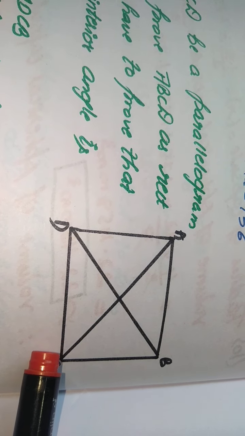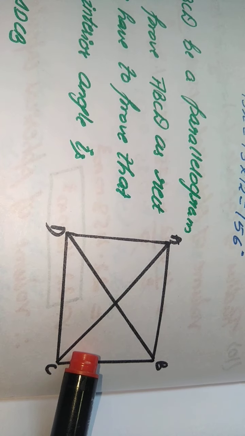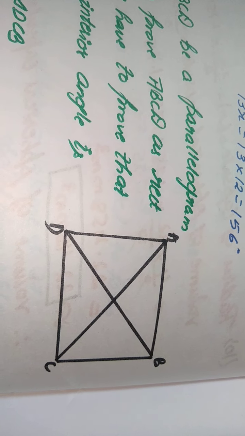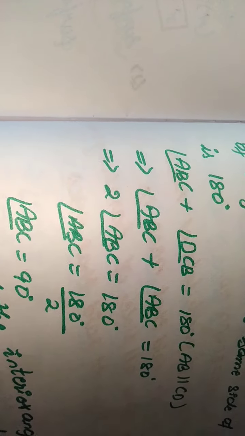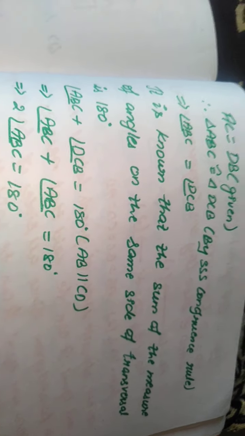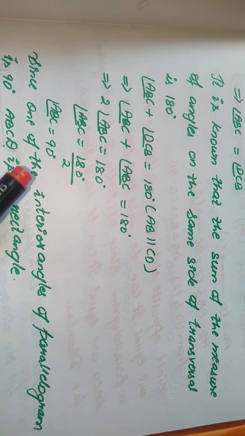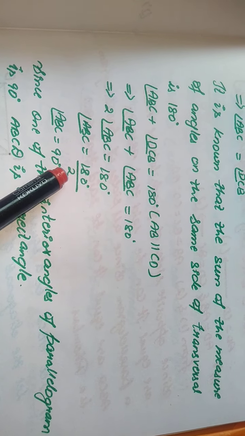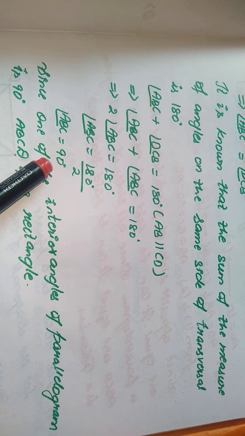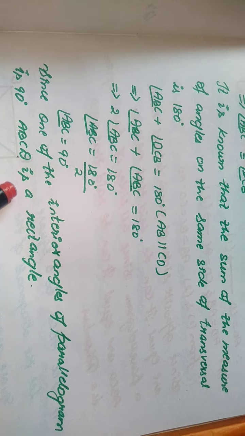Hence, 2 times angle B equals 180 degrees. When 2 goes to the other side, it gets cancelled. Angle B is equal to 90 degrees. Hence, I have proved one of the interior angles of the parallelogram is 90 degrees. Hence, ABCD is a rectangle.